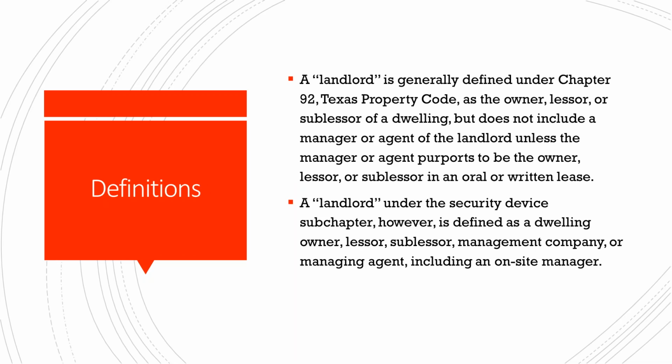So generally, as you probably know, under the property code, Chapter 92, landlord is defined as the owner, lessor, sublessor of a dwelling, but does not include a manager or agent, unless the manager or agent, according to the definition, purports to be the owner in an oral or written lease.